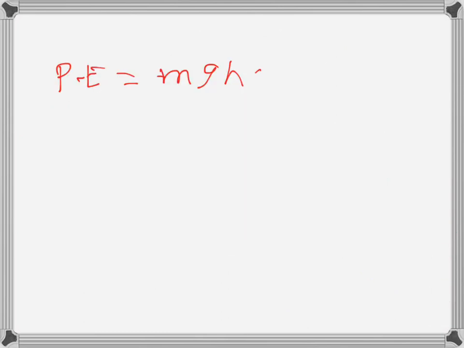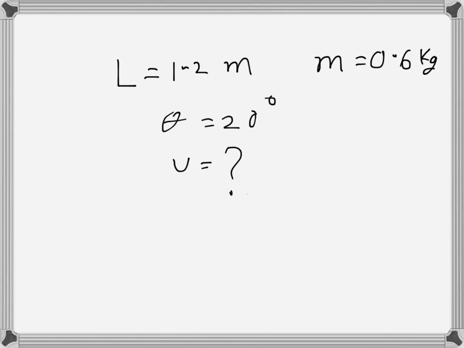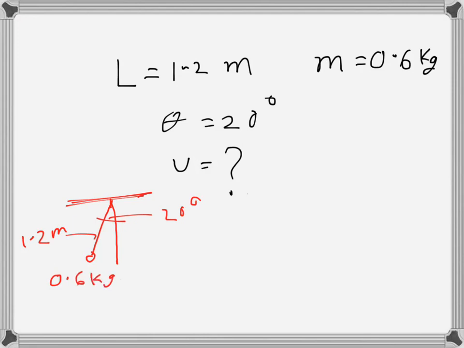Now let's do an example problem. The length of the string is 1.2 meters. A small object of mass 0.6 kilogram is hung from a bar, and the angle it makes with the vertical position is 20 degrees.